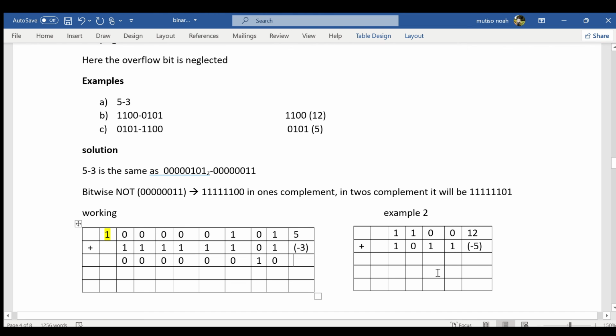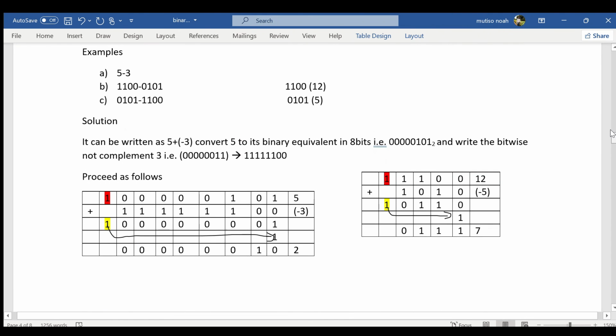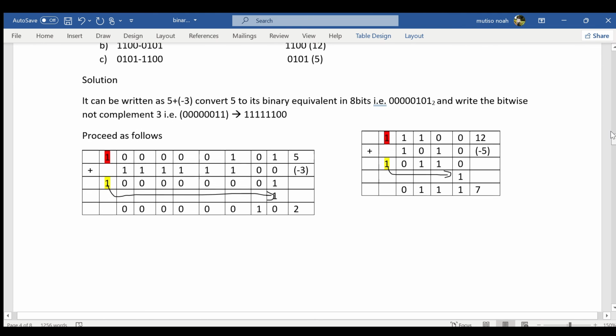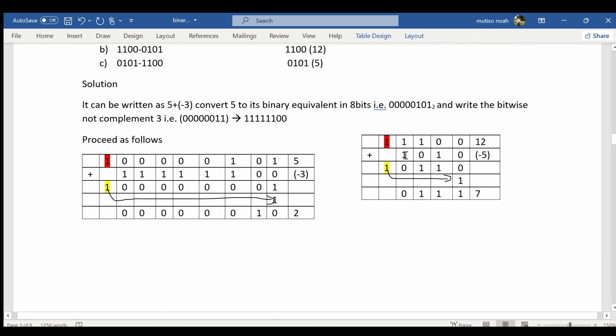Example 2. Example 2 is the one which you added there. This is the 2's complement of -5, because up here, if we go back and look at what we did in example 2, you'll find it had 1 0 1 0 as the 1's complement.